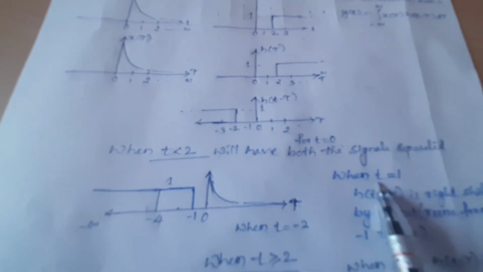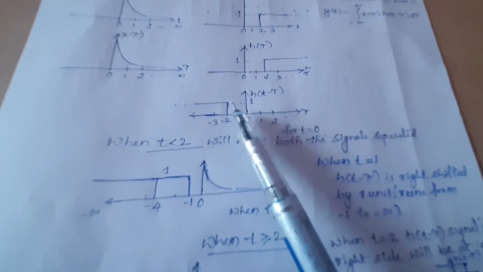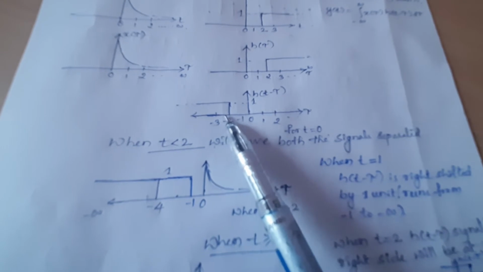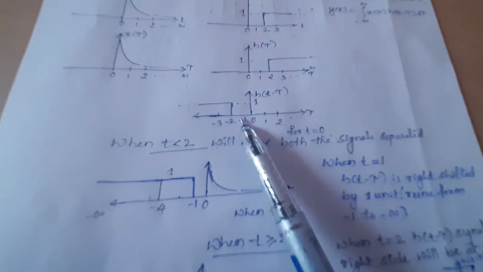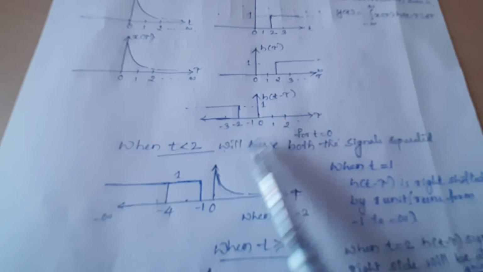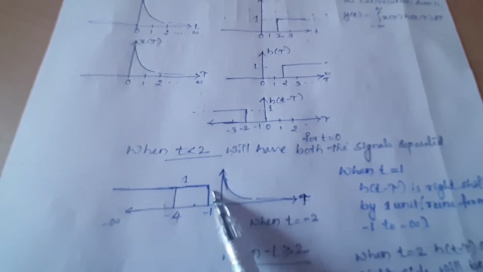When we try a positive value of t, let's say t is equal to 1, then h of t minus tau has to come 1 unit to the right. Minus 2 plus 1 is minus 1. So the range of our h of t minus tau signal is that on the right side it will come up to minus 1, and minus infinity would be its leftmost range.